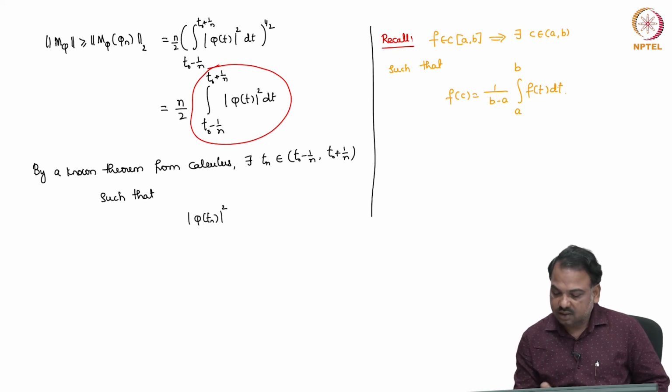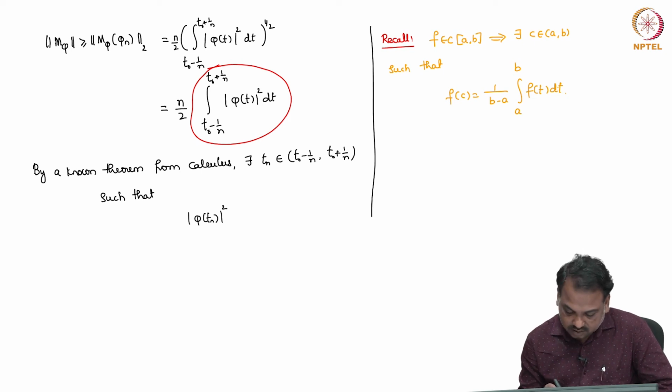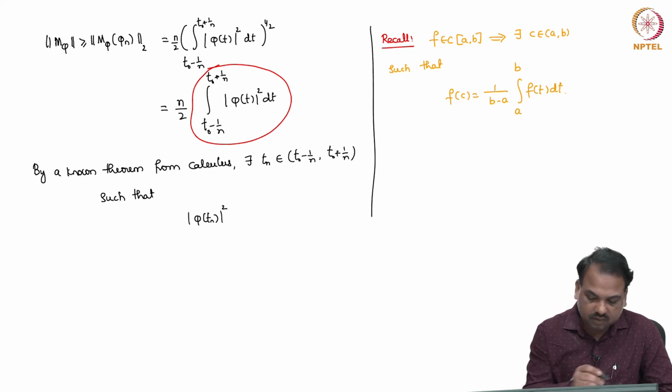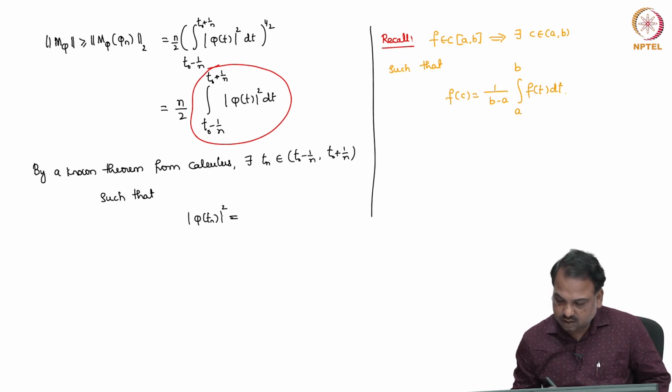So there exists a tn in this interval such that f of t is nothing but mod phi t square. So mod phi tn square, when you apply this result, is nothing but 1 by the length of the interval. Here the length of the interval is 2 by n.